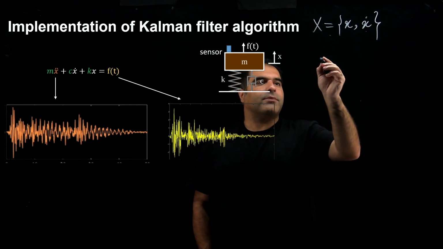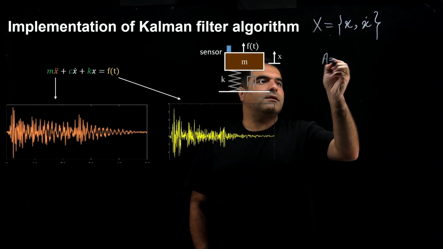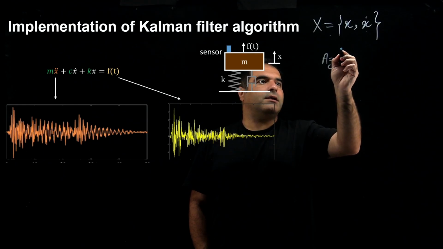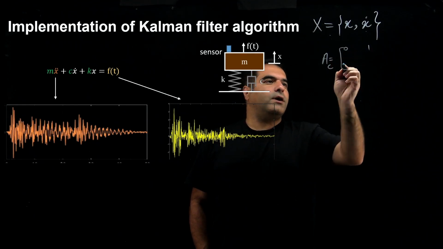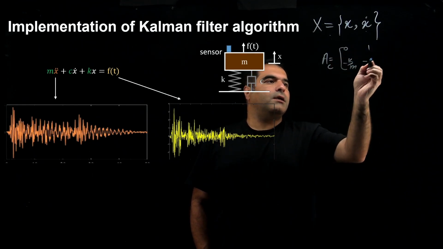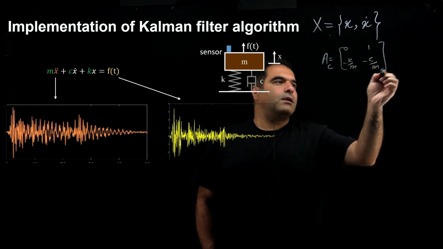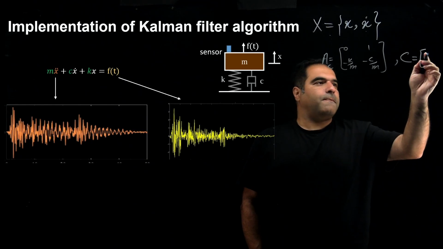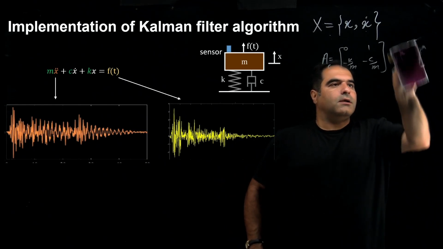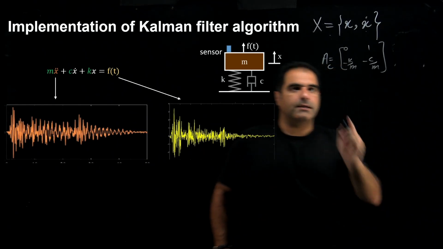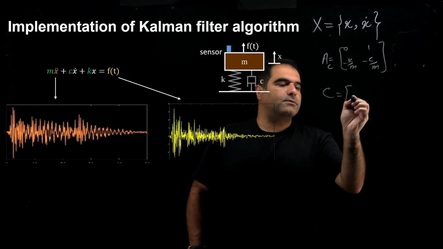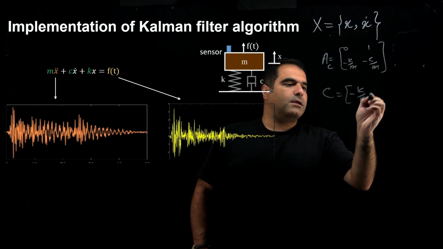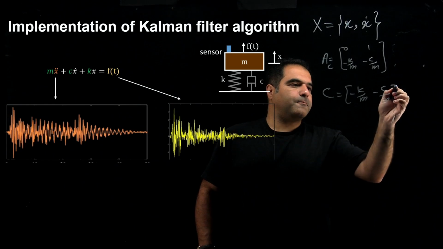And my A matrix in the continuous domain is [0, 1; minus K over M, minus C over M]. And my C matrix is equal to, I'm going to write it here, so keep the space, minus K over M and minus C over M.